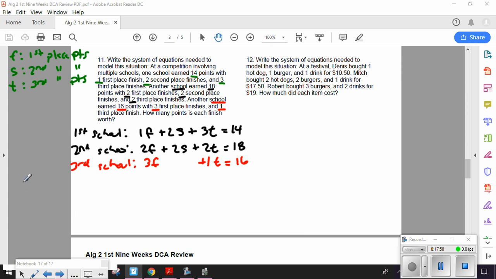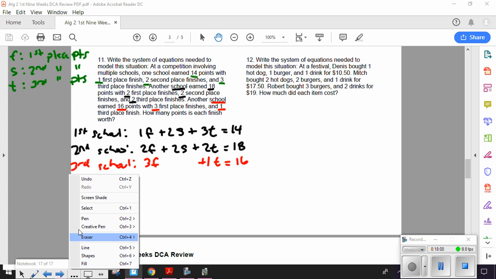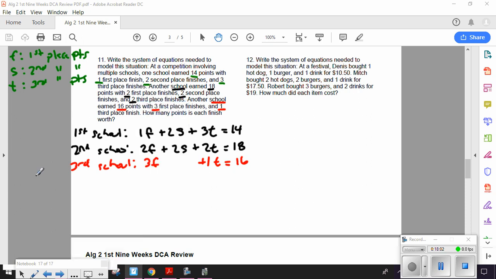Now if I were to solve it, let's set up an augmented matrix. So the first row would be 1, 2, 3, 14. Second one would be 2, 2, 2, 18.